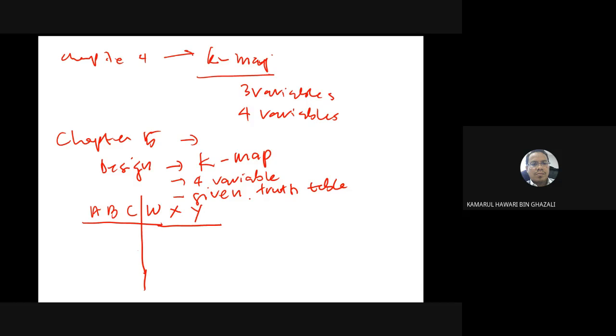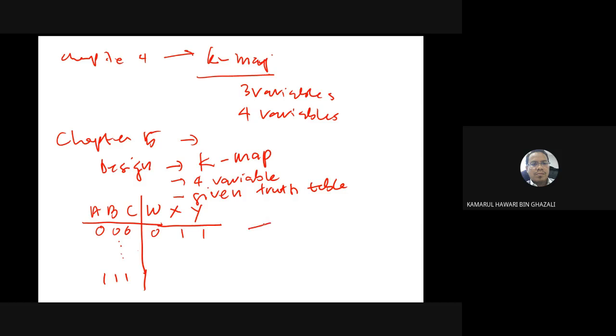This one you also need to consider. If you don't find any question related to this kind of truth table, then maybe design your own question or find other resources. So you have the input from 000 until 111. If for example here 011, then you have to know how to interpret the given truth table.